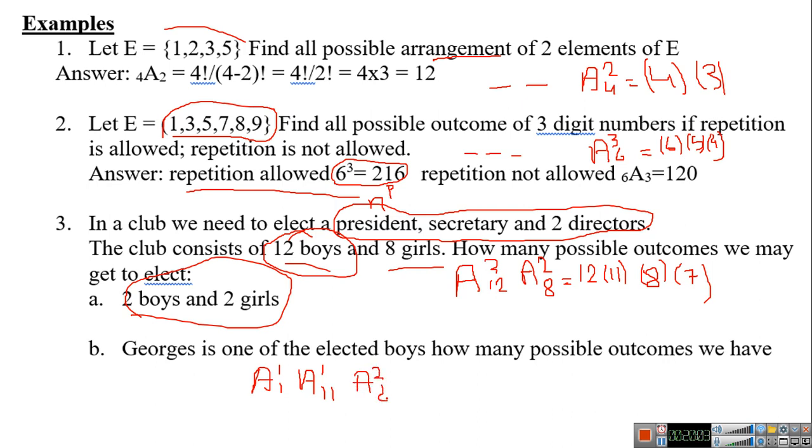So the answer will be: 1 out of 1 is 1; 1 out of 11, you go only one unit, which is 11; and 2 from 8, so 8 times 7. If you want to use your calculator, you go as I told you.